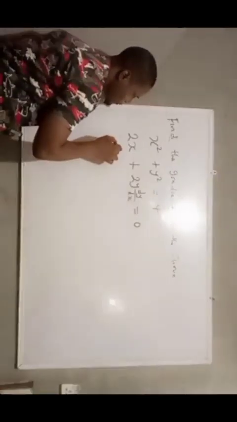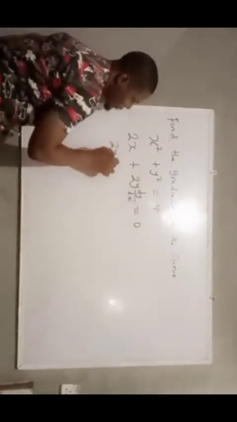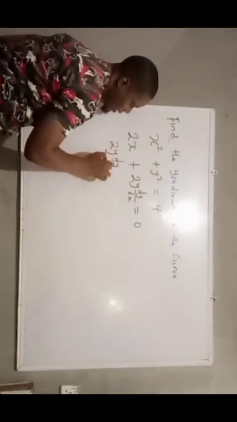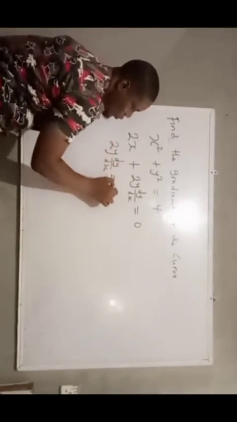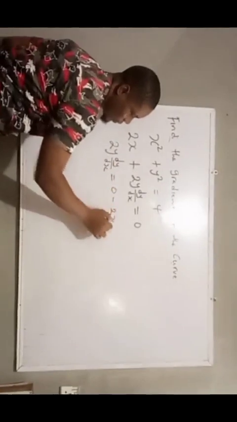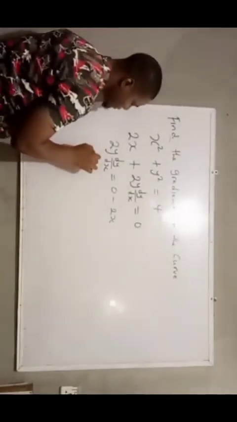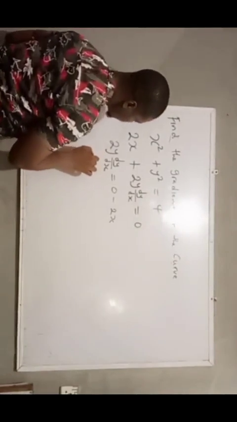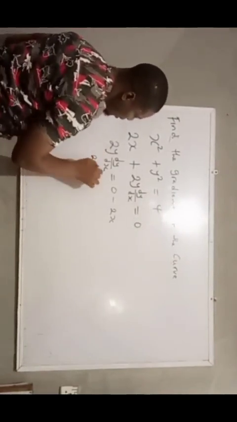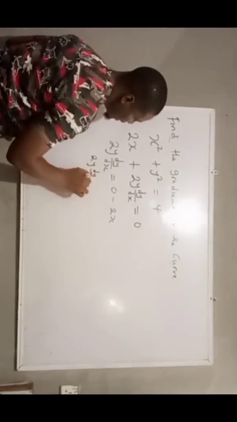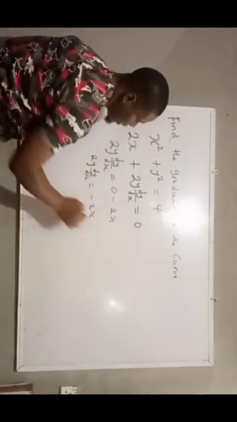So here will be 2y dy over dx is equal to 0 minus 2x. And of course, 0 minus 2x is minus 2x. So here will be 2y dy over dx is equal to minus 2x.